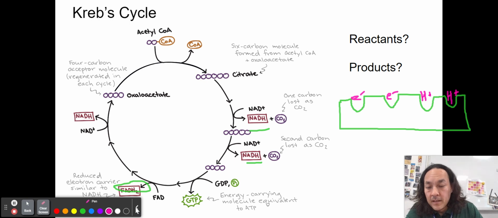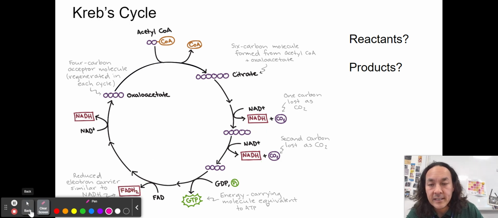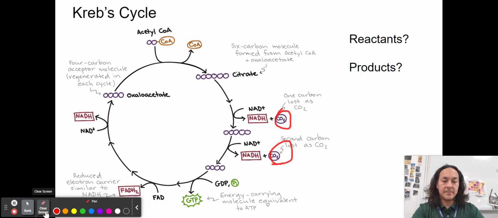All right. So we've made a lot of electron carriers, right? And we didn't just make them out of nothing. They were there as NAD plus, as empty ones. So we filled them up would be a better way to describe it in the Krebs cycle. The byproduct of all of this is going to be carbon dioxide. And this carbon dioxide is going to diffuse out of the cell, and we're going to breathe it out.